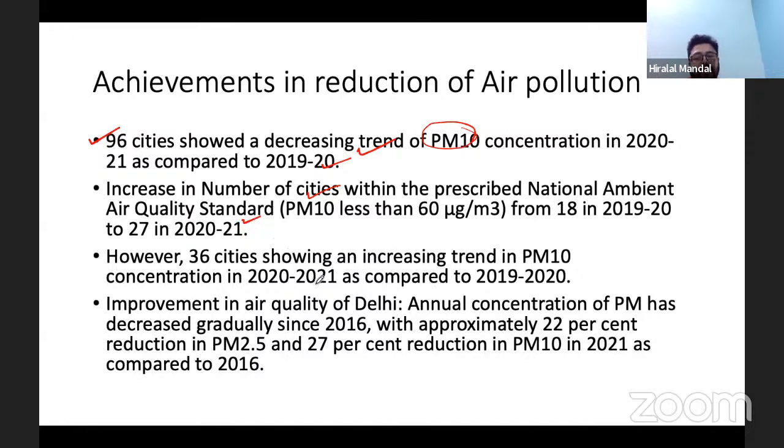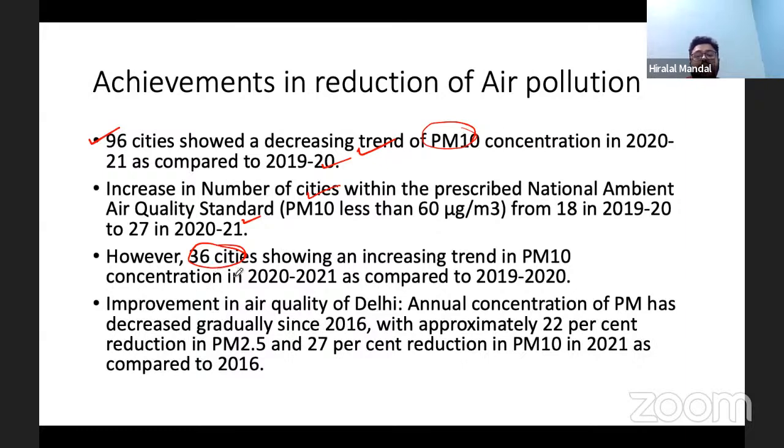However, a concerning issue is that in 36 cities the PM10 concentration has gone up compared to 2019-20. So that is something problematic.